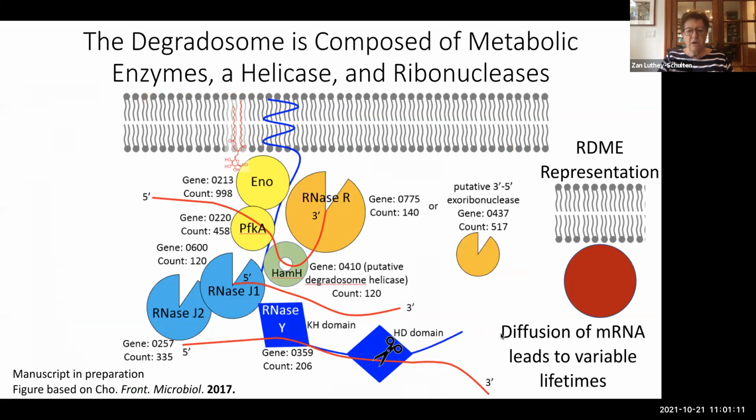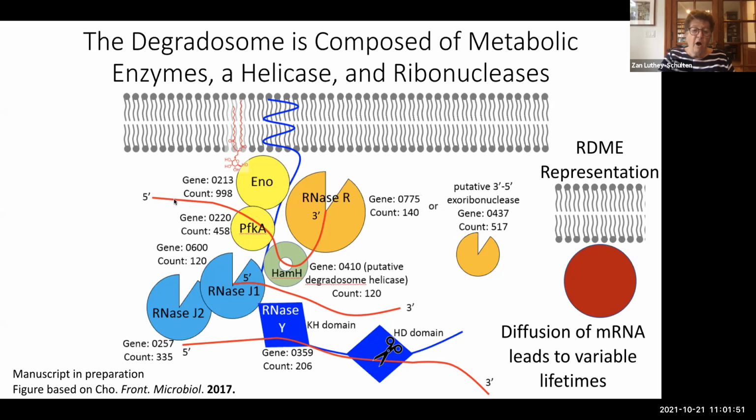It is a multi-enzyme complex, actually involving 2 of the proteins out of the central metabolism, plus some RNAs, a couple of them here, here, and here, and here, as well as a helicase. And these are RNases, molecules that actually chew up the RNA, important, they can chew it up from either end, the 3' end or the 5' end, or it can start in the middle, break it into parts, and they get further degraded.